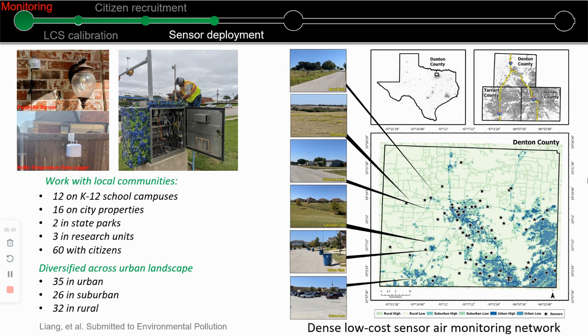Because there are many restrictions and limitations on where we can set up locations, particularly in people's backyards that require Wi-Fi access, you can see examples of where we're trying to set up those stations. But generally, we follow protocols to make sure all the stations have comparable measurement heights without blocking by trees, etc.